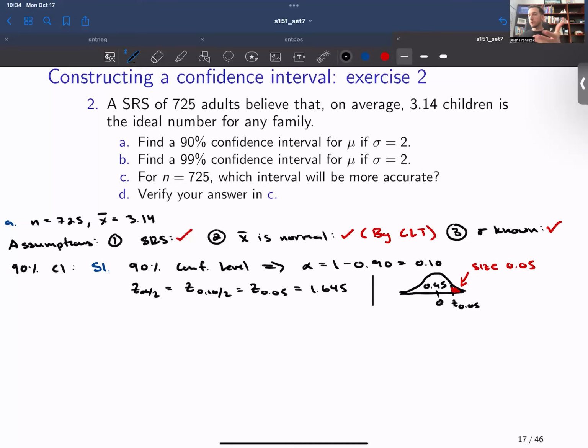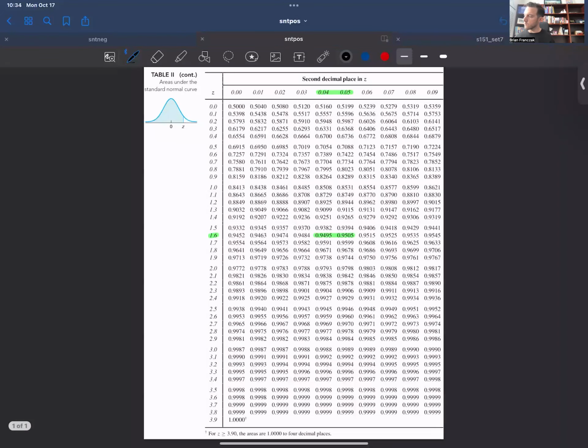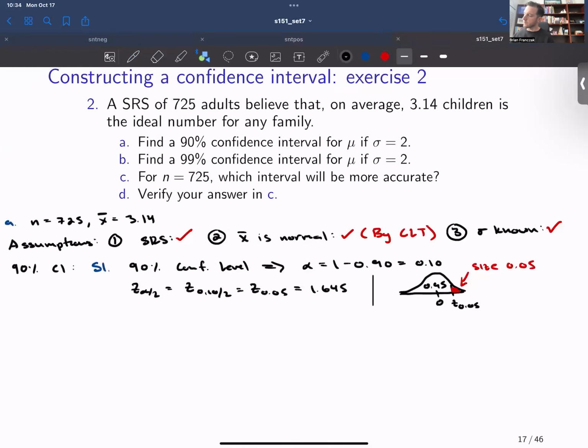Then if we look up 0.95 in the standard normal table, as I've done in the previous illustration as well, 0.95 in the table corresponds to the score 1.6 and the average of 0.04 and 0.05. This is a unique Z-score. This is one of 2 or 3 Z-scores that we can write to 3 digits. In part B of this problem, I'm going to show you one of the other ones. So this is a value of 1.645. That's where this number comes from.